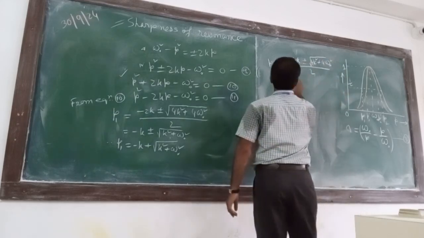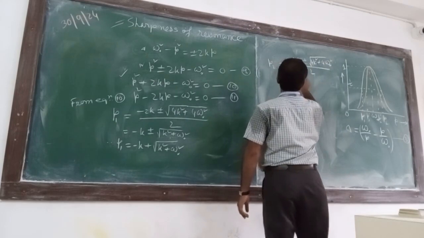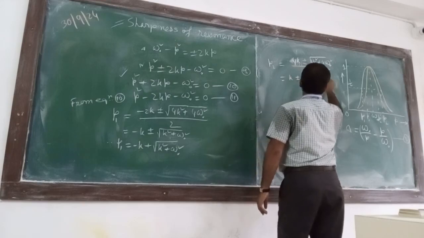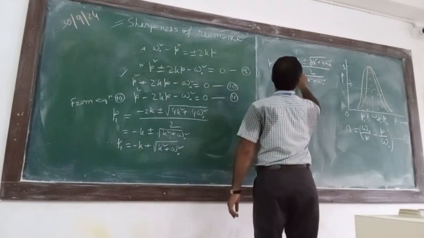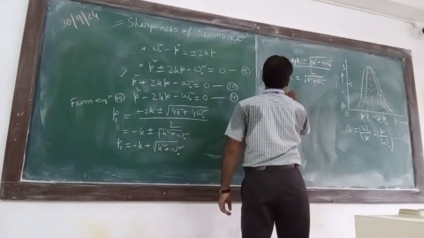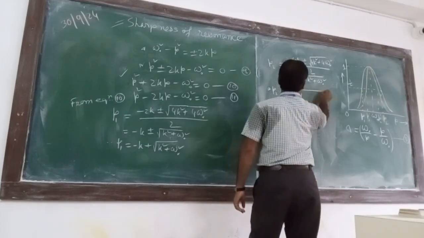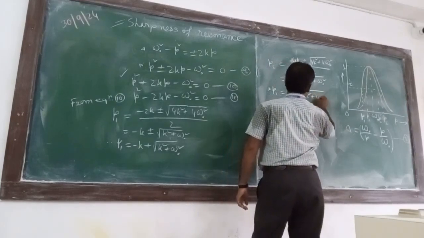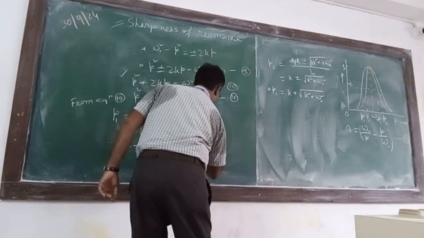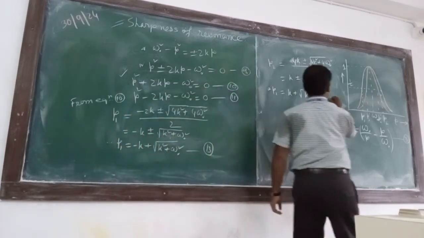So this equals again k plus or minus root over k square plus omega naught square. Or P2 equals k plus root over k square plus omega naught square. Equation 13, equation 14.